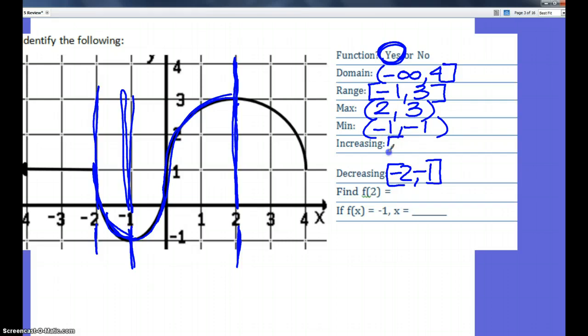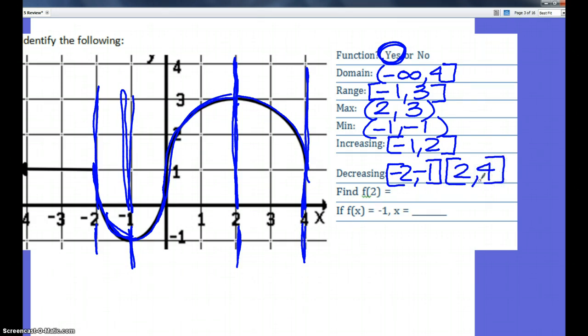So from -1, comma 2, that graph is increasing. And then again at the top, it starts going back down, and we use the X numbers here. So 2 to 4. 2 to 4 is decreasing.